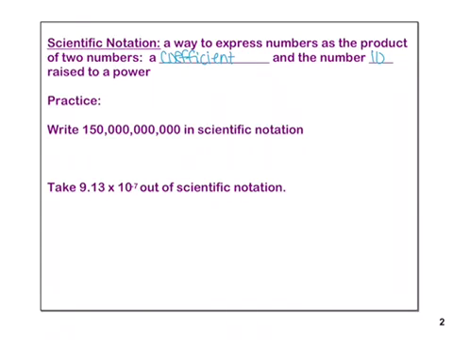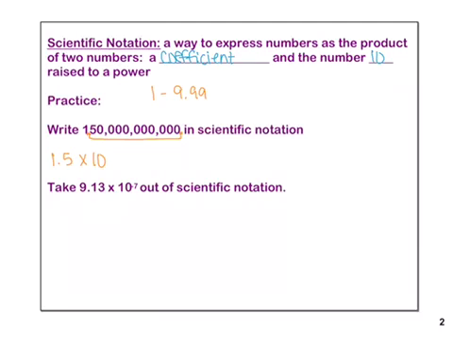When we look at the sample problem, our first number has to be between 1 and 9.99 repeating. The decimal is originally back here. In order to satisfy this first rule, we have to shift this decimal all the way up to between the 1 and the 5. So we have 1.5 multiplied by 10, and now we need to figure out the value of the exponent.